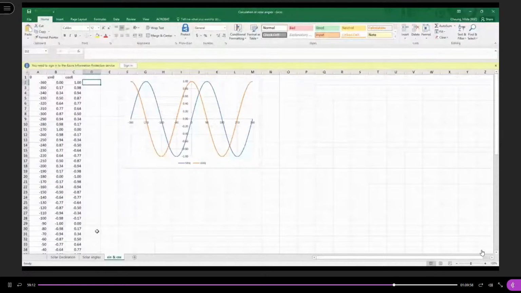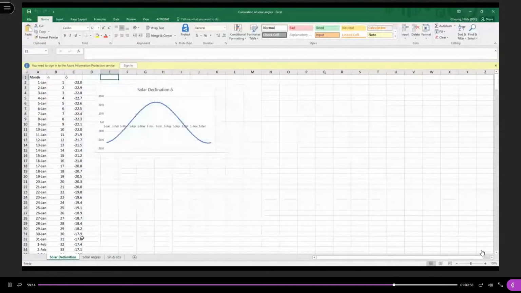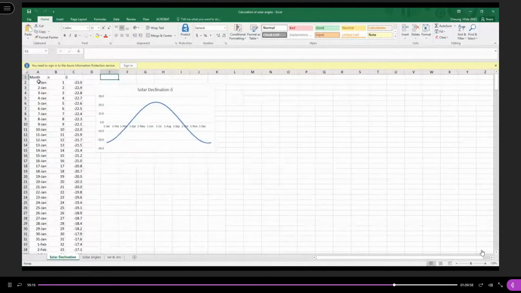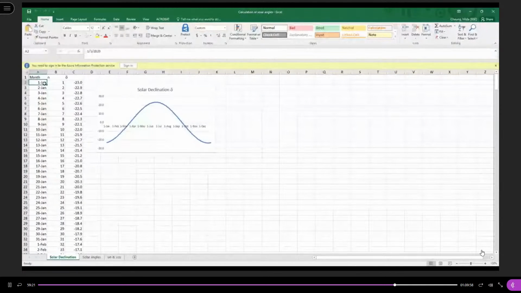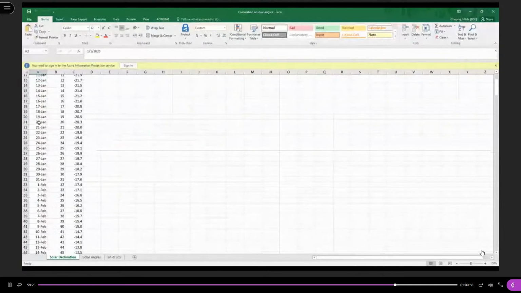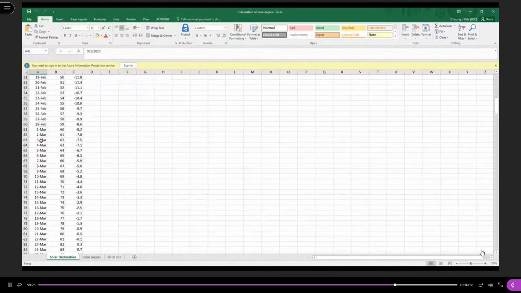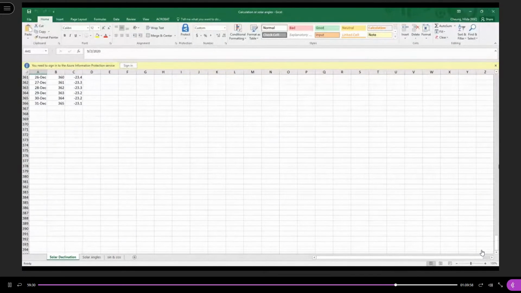Okay, so this is the Excel file that I made last night. And on column A, I have all the dates from the 1st of January to February, March, April, all the way to December.